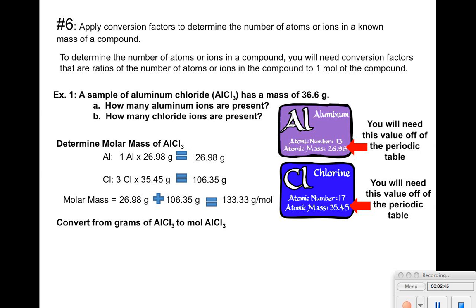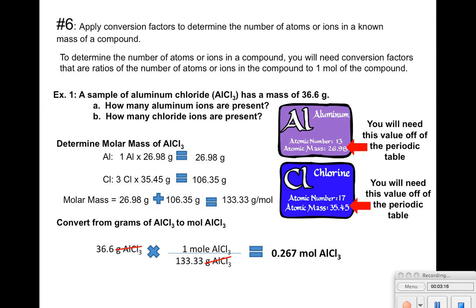So we're going to convert that 36.6 grams of aluminum chloride to moles of aluminum chloride. And by doing that, we're going to use the molar mass, which is 133.33 grams of aluminum chloride per that 1 mole. Remember, the 133.33 grams needs to go on the bottom, so our units will cancel. When we plug that into our calculator, we get 0.267 moles of aluminum chloride.